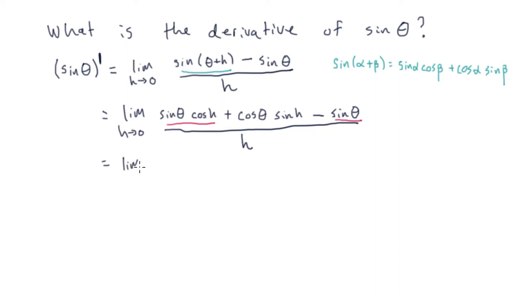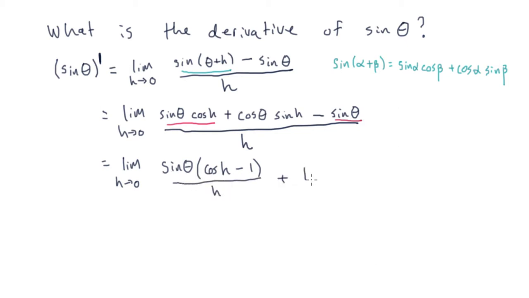So here we'll have the limit as h goes to 0. I can factor out a sine theta. And what am I left with? Cosine of h minus 1, all over h.